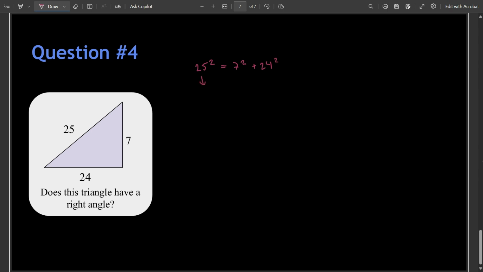This becomes 625 is equal to 49 plus 576. And if we add these numbers, we can actually see that they also become 625, meaning that our statement is true and that this triangle does have a right angle.